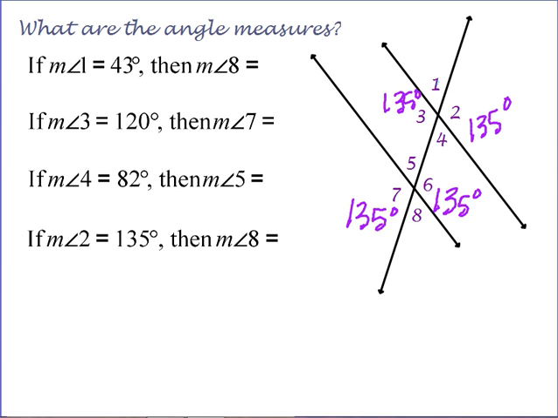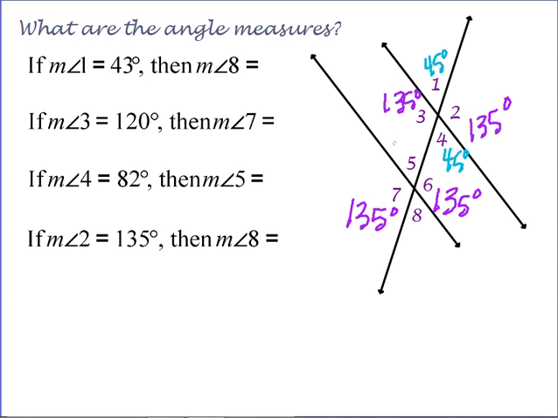These two have to be supplementary, right? So this one's going to be 45 degrees. These two also have to be supplementary, or you can say 1 and 4 are vertical, so this one's also 45 degrees.